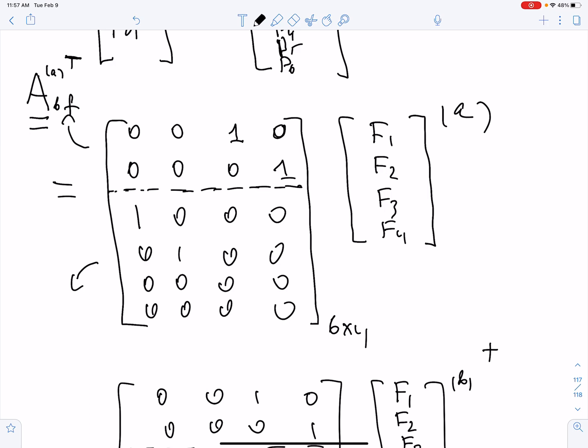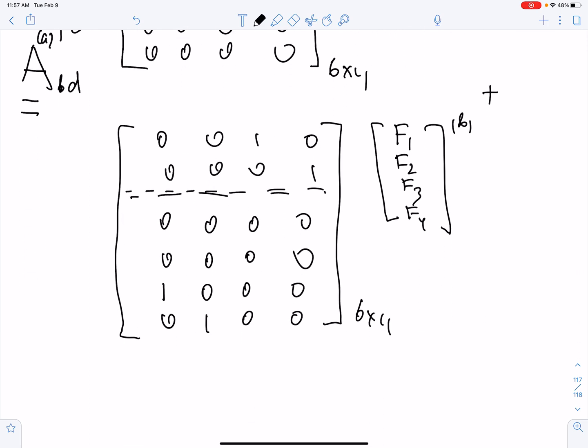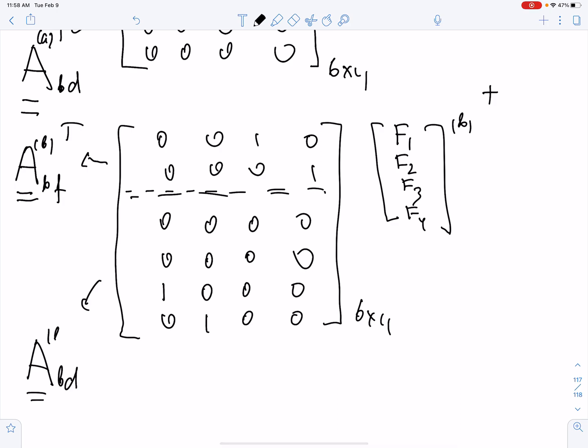The bottom submatrix I'm still going to call A. It's still Boolean, with D for restrained degrees of freedom, still comes from element A and still transpose. Likewise here, this submatrix is going to be called A, coming now from element B, still Boolean, F for free, transpose, and this part is BD, coming from element B and transpose.